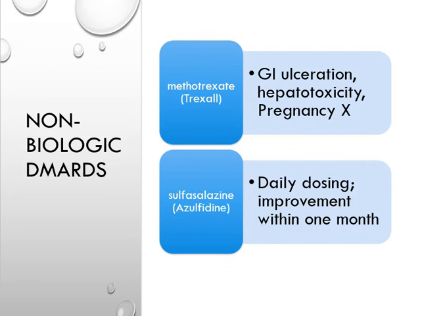It relieves some GI problems. Other issues with this are you might have a rash, some bone marrow suppression, just not as much as with methotrexate. It's a safe alternative, but it's not as effective. You see improvement in about a month, and you have to use NSAIDs up until then.